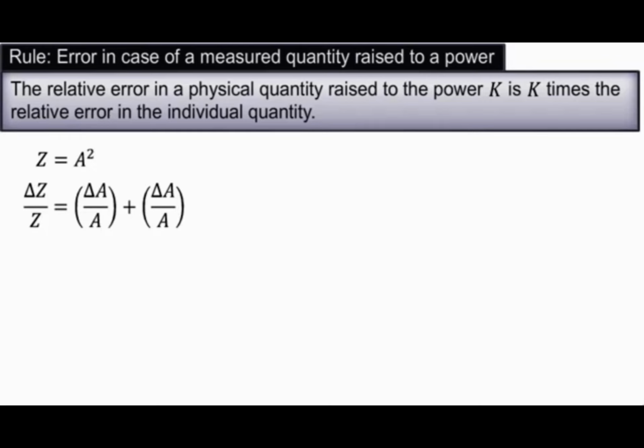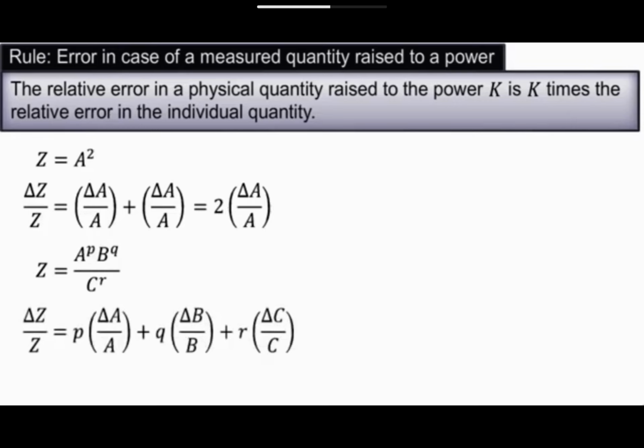Hence, the relative error in A² is twice the error in A. In general, if Z = A^P B^Q / C^R, then ΔZ/Z = P ΔA/A + Q ΔB/B + R ΔC/C.